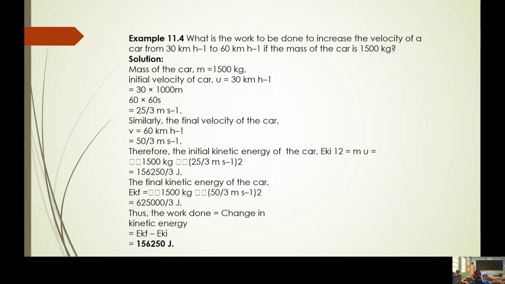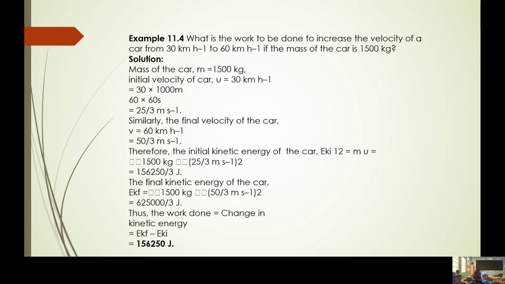Another example: what is the work to be done to increase the velocity of a car from 30 km per hour to 60 km per hour if the mass of the car is 1500 kg? The solution: mass of the car m is 1500 kg, initial velocity of the car is 30 km per hour, so 30 into 1000 meters divided by 60 into 60 seconds is equal to 25 divided by 3 meters per second.